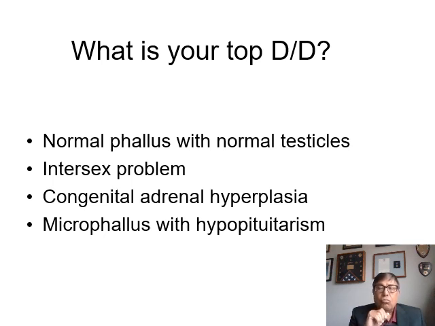There will be no changes of external genitalia. So that also appears to be unlikely. Could it be hypopituitarism with a small phallus? That's clearly a possibility. We do know congenital hypopituitarism in these male babies usually have small phallus, and I have also discussed that in detail somewhere else.